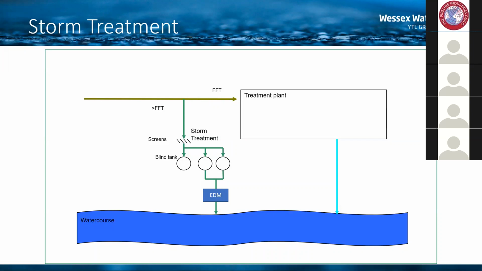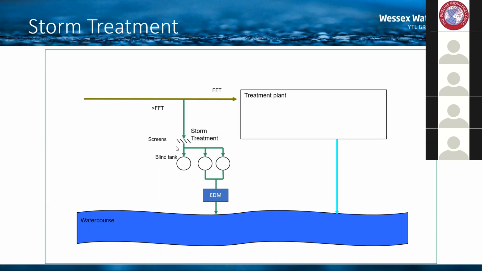The storm system generally consists of screens, which will remove any rag and debris that comes down through the sewer. It also generally consists of storm settlement, so that will settle out solids and any BOD, any of the oxygen demand that's associated with those solids. And then if the flows continue to come in and the storm storage fills up, that's when it will spill to the watercourse from the storm system.